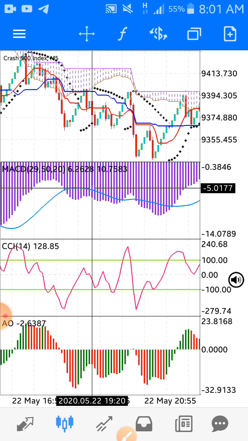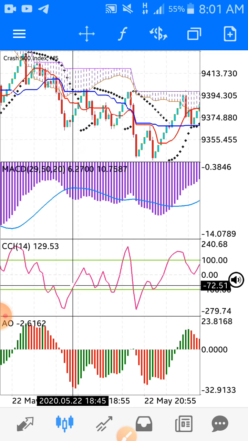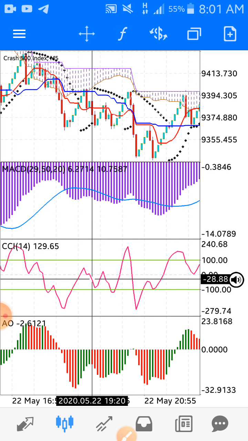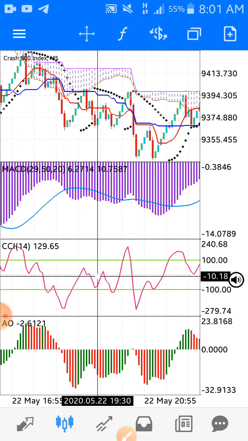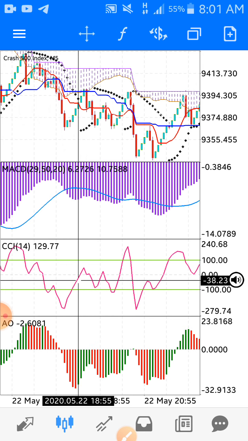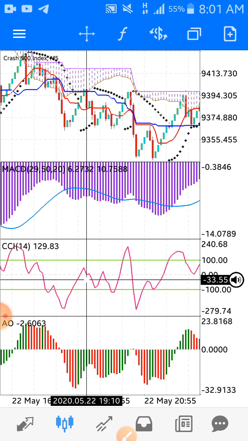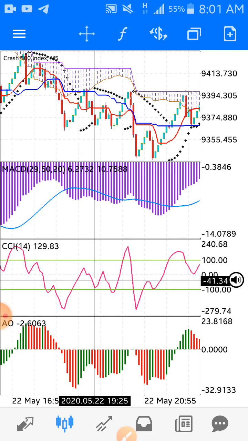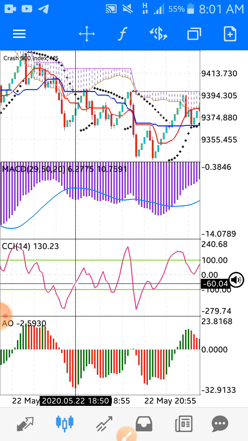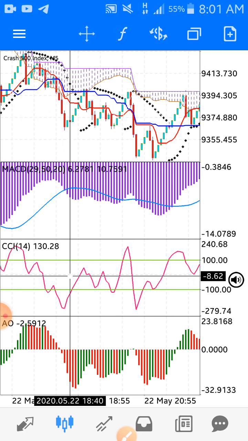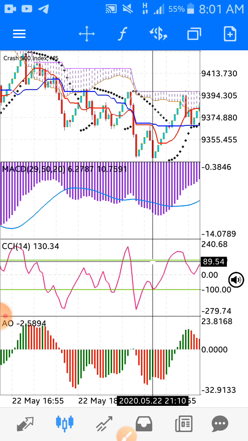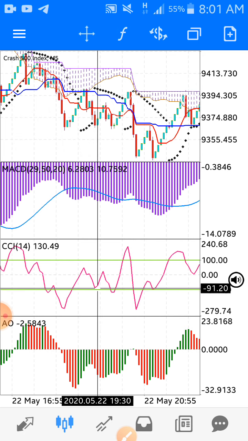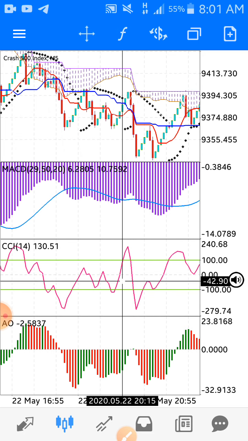MACD told us, CCI said no. All right, CCI can be so great in confirming entries. All right, so I prefer most times to let my CCI be below minus 100, because you can imagine from whenever the CCI is in the range of 100 to like it's in the middle, the market usually ranges.